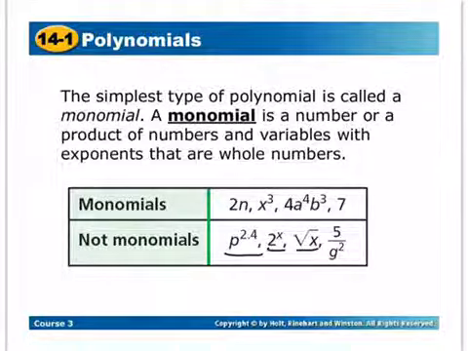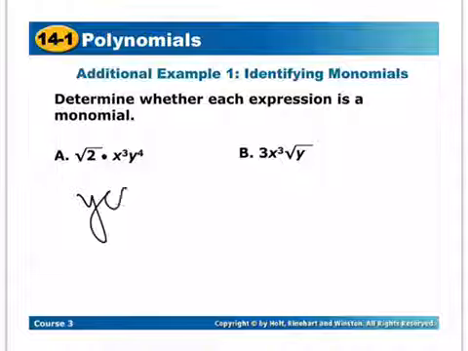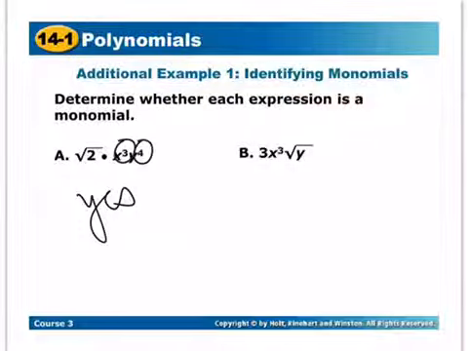Okay, so those are some reasons why something might not be called a monomial. A monomial, again, is a number or product of numbers and variables with exponents that are whole numbers. So let's see if we can classify a few. Right here, what I would like for you to do is tell me, is this a monomial expression or not? Okay, so A, would it be a monomial expression? Yes, because you'll notice that my exponents are whole numbers, and there is a whole number underneath the radical.